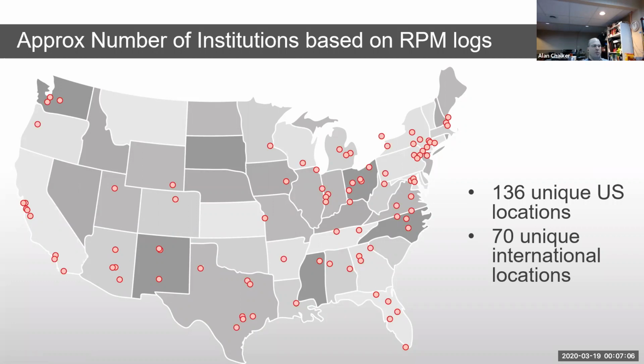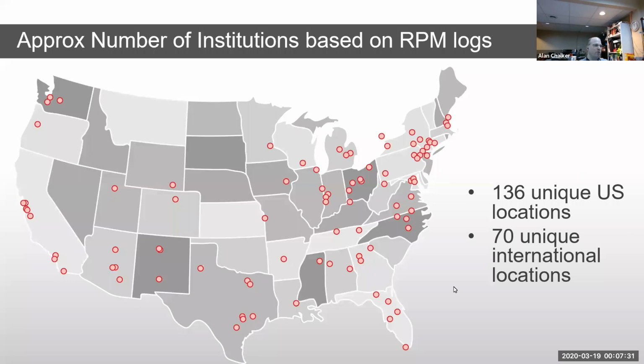Via our RPM logs, we're able to geolocate IP addresses of people that are pulling the RPMs, and this is a map of last calendar year, about 130-something unique locations around the country downloading the RPM. We had about 70 unique international locations.